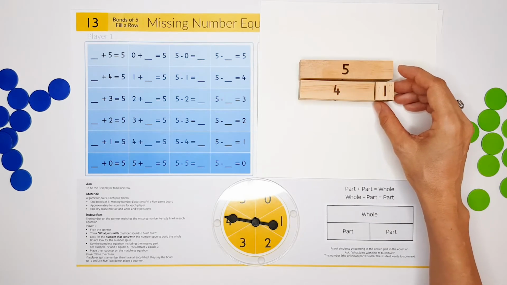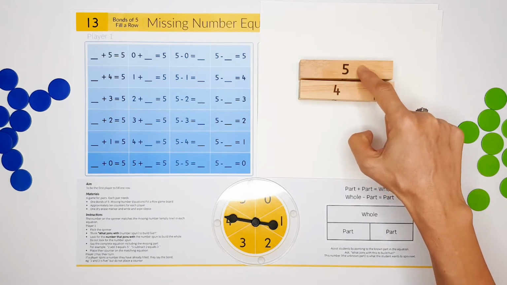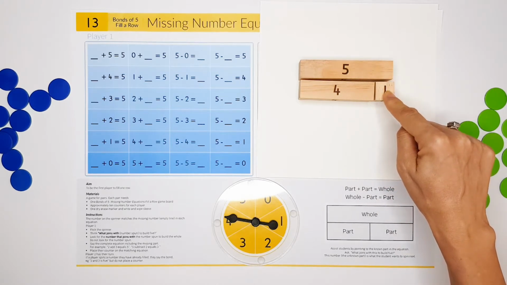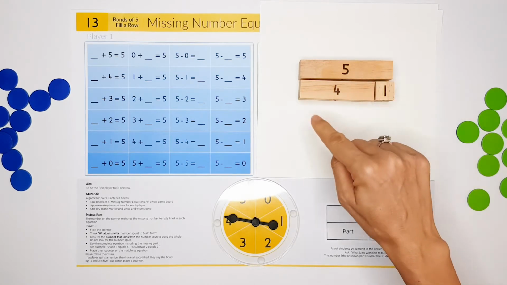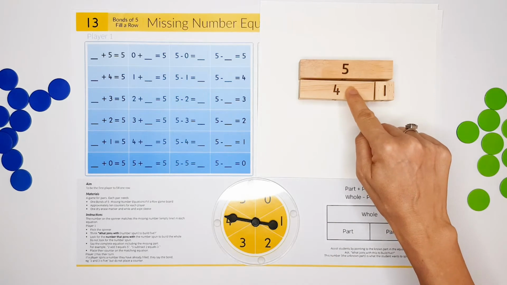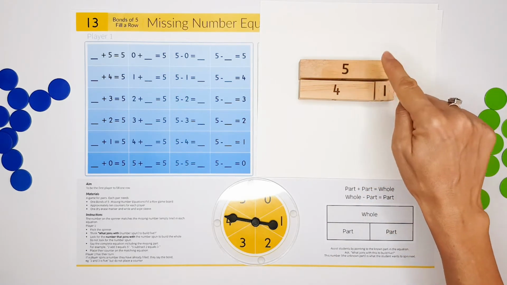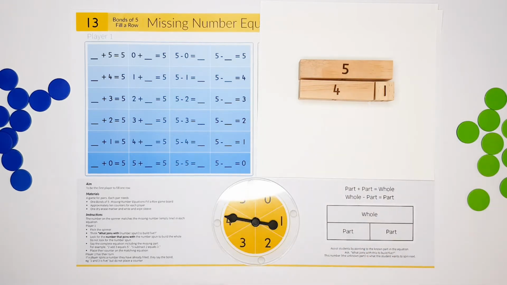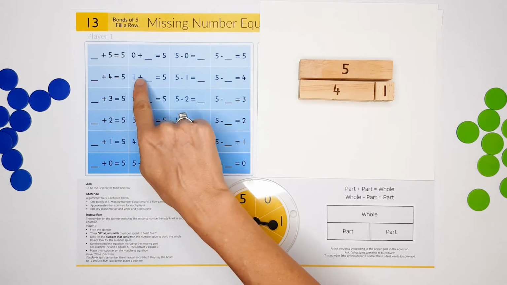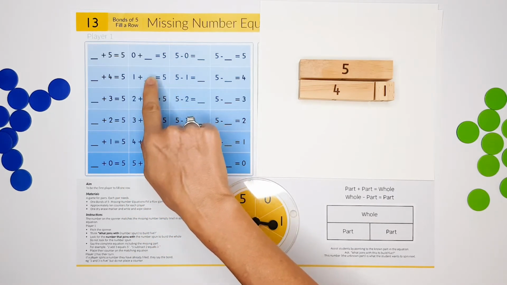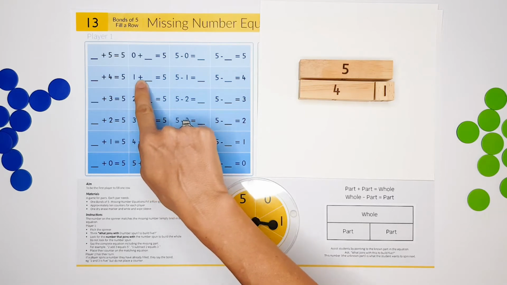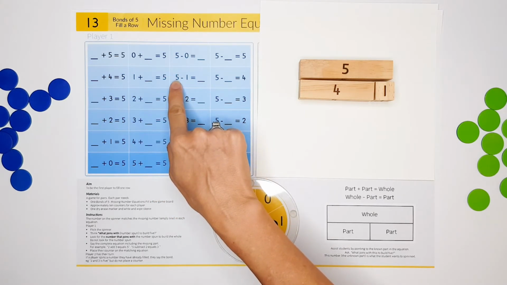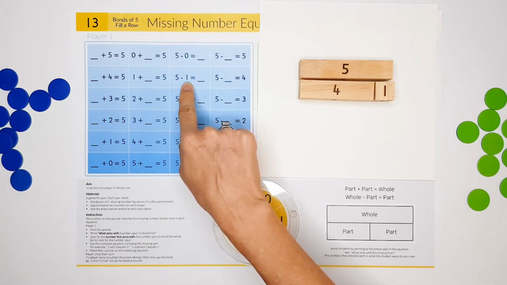So they need to look for an equation that has a whole of 5 and a part of 1, so they can place the 4 that they spun. So remembering whole of 5 and part of 1. I can see here I have a whole of 5 and a part of 1, and in the subtraction I have a whole of 5 and a part of 1.